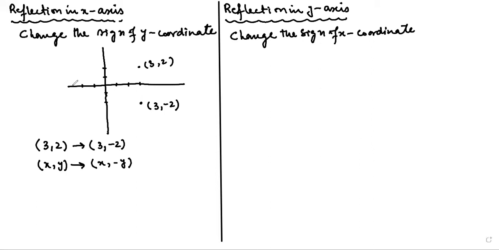What will be the image of this point 3, 2 in y-axis? Minus 3 and 2. Yes, correctly.